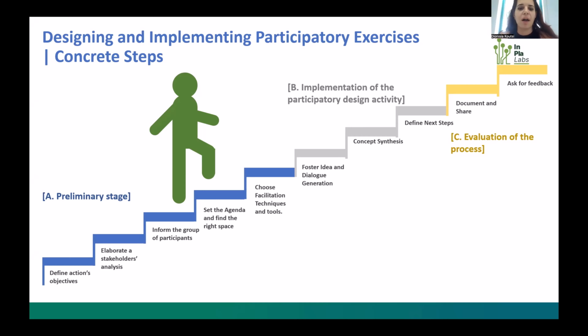For example, if we have a public space, we have first identified the challenges, we map the area, and we need to integrate stakeholders in order to understand their needs, how they use the space.